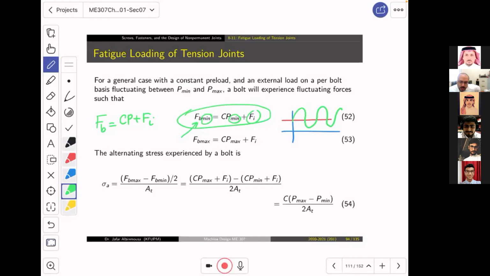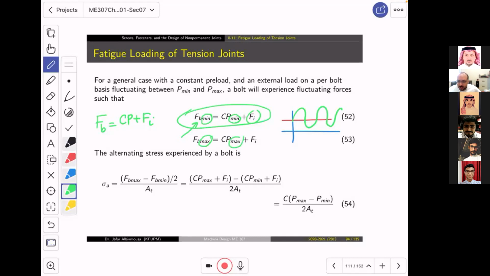What is it fluctuating? Of course, guys, this is the same with the maximum load. There is no Fi maximum. There is no Fi minimum.